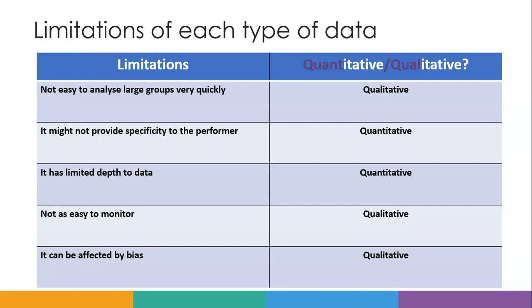It can be affected by bias. That's qualitative data. If you're completing a questionnaire and you're sitting next to a partner doing so or a training partner, you might not feel comfortable to write down exactly what you're thinking. So this data can be affected by the bias or opinions that you've got.